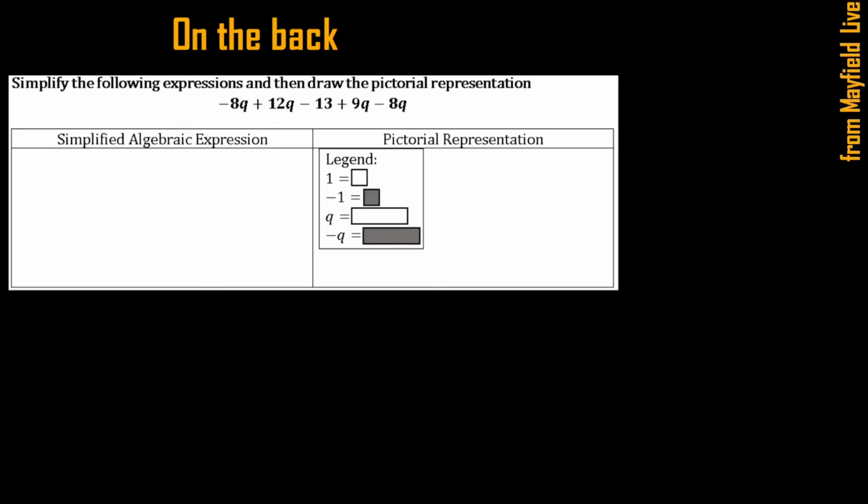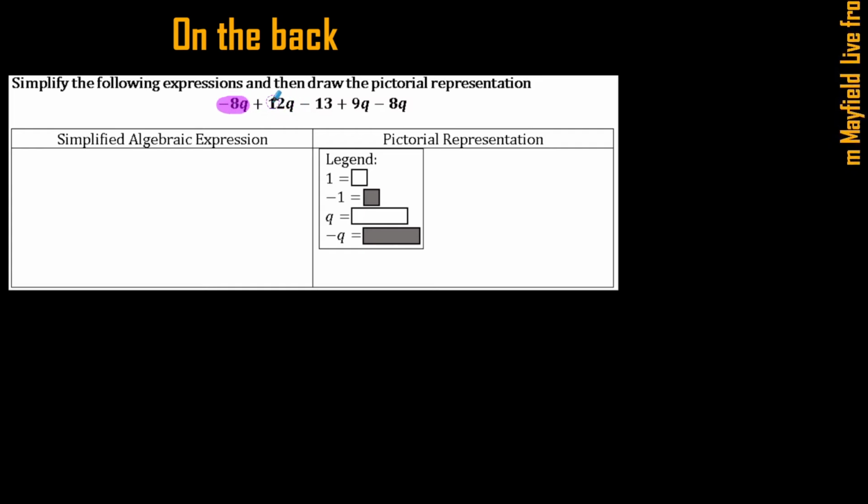So now, on the back it says, simplify the following expressions and then draw the pictorial representation, meaning just the picture. Usually I like to highlight my variable terms in one color, so I'm going to highlight my variable terms in pink.